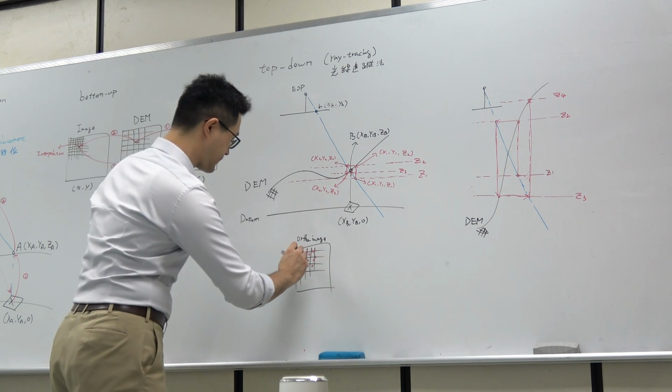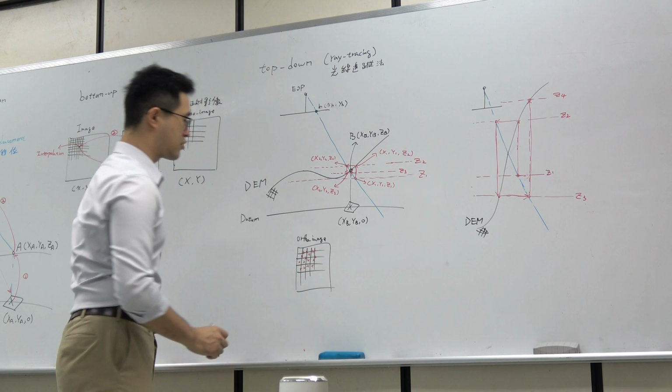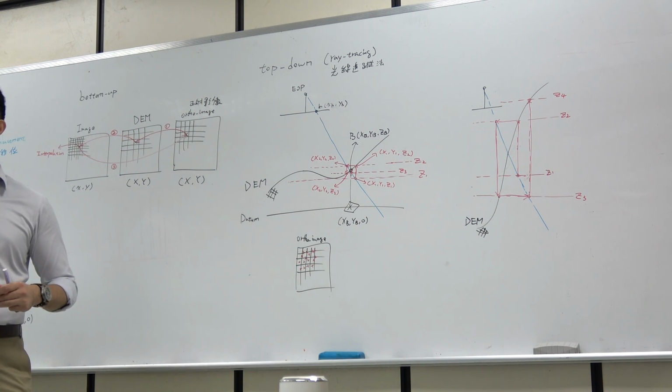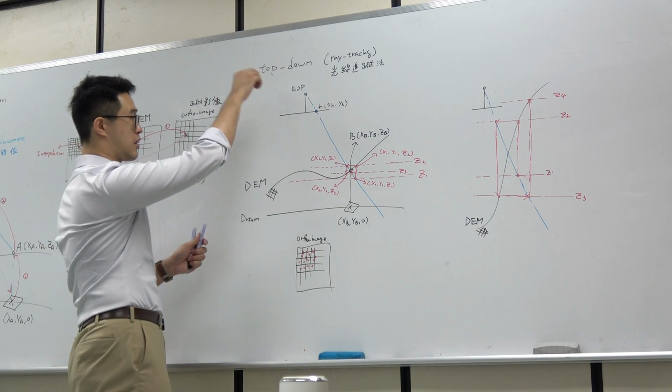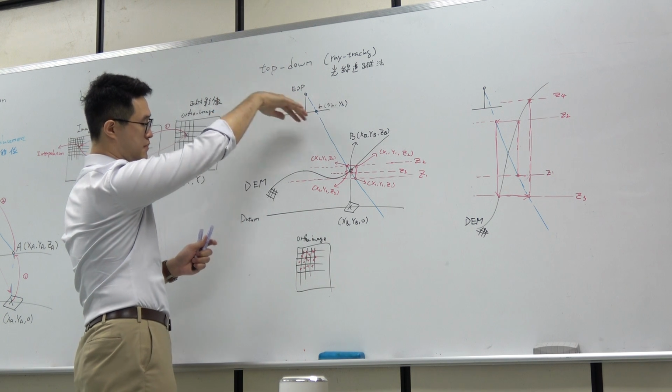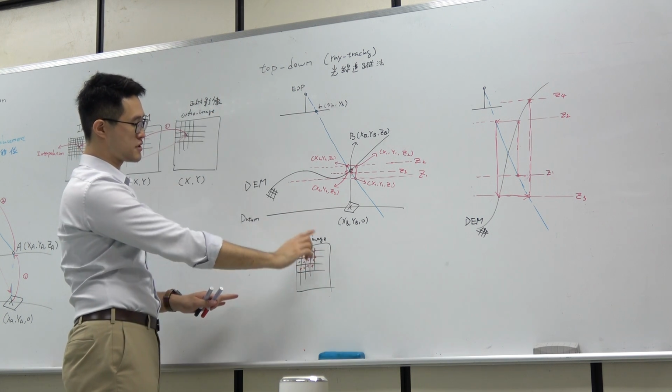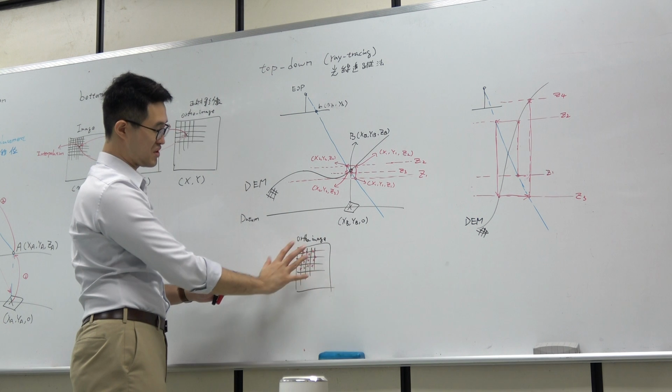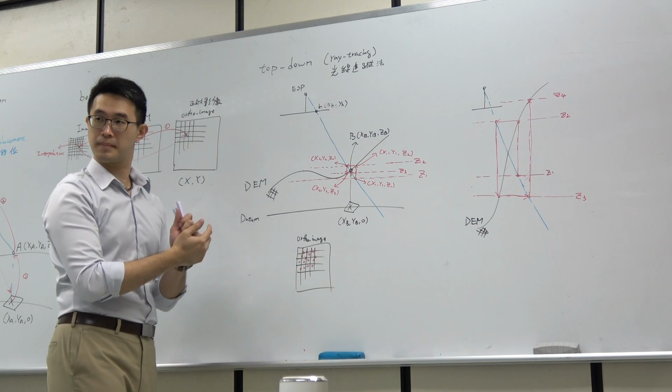Something like that. You are projecting each pixel to your object space coordinates, which is the map, the ortho image, because it's top down.